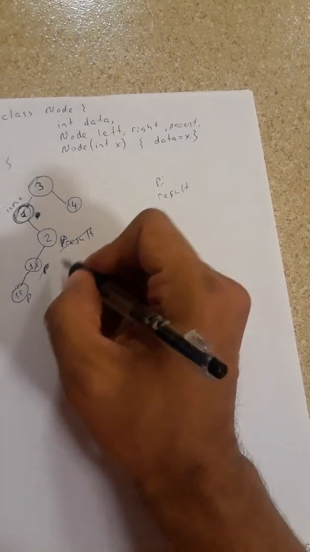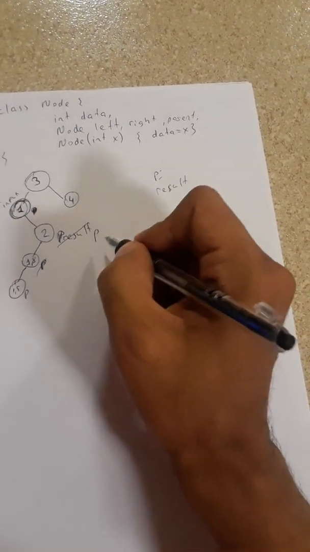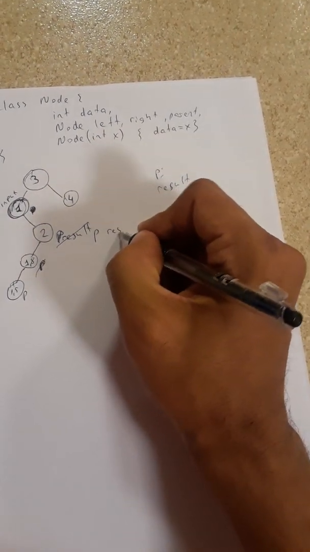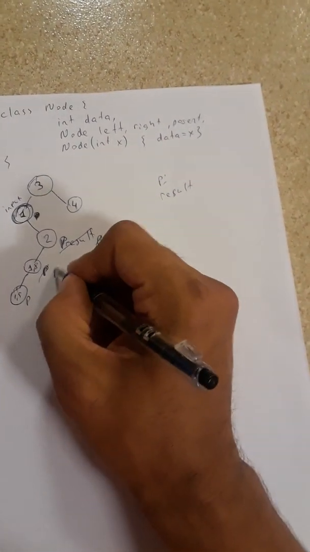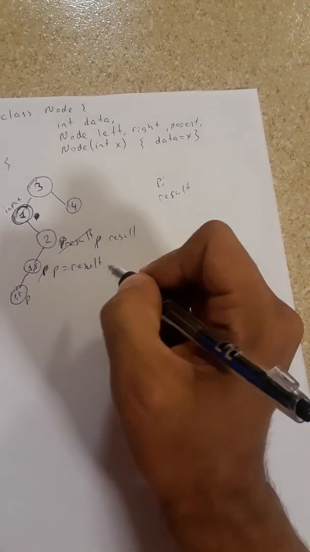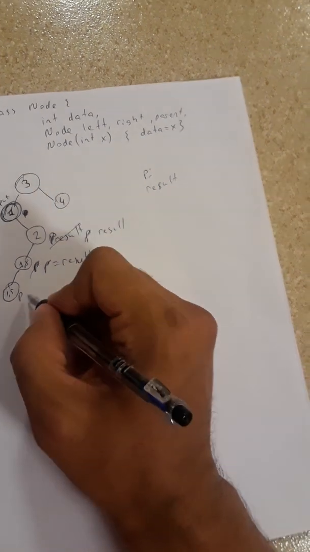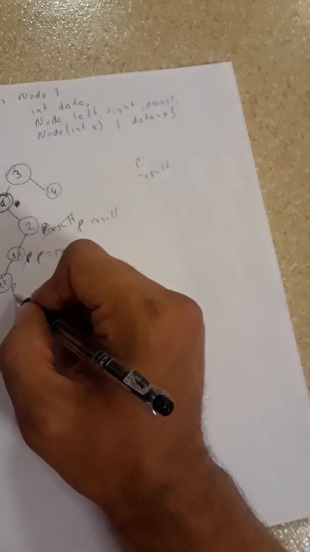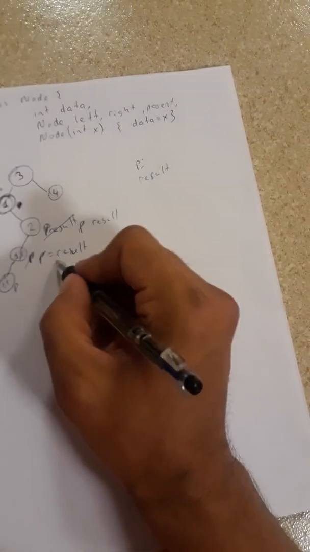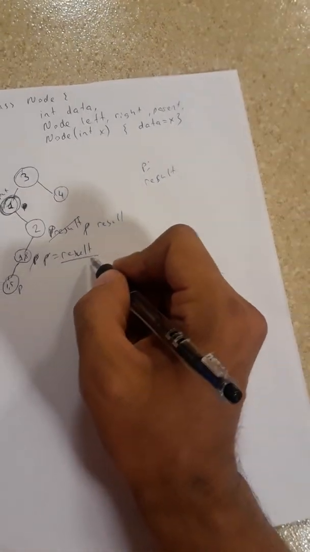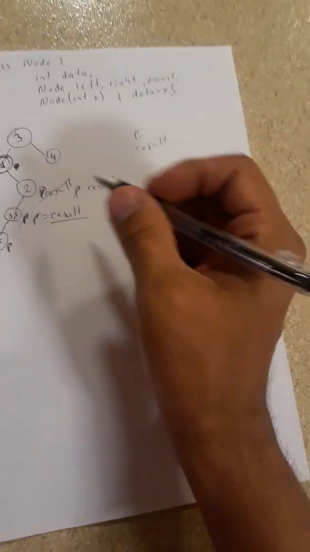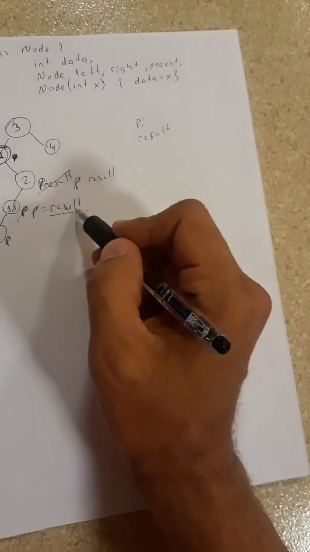For example, our result will first be equal to p, then we move p down, then again make our result equal to p, then move p down, and once there are no children of the node, we'll just return result, meaning it's the next in-order successor.